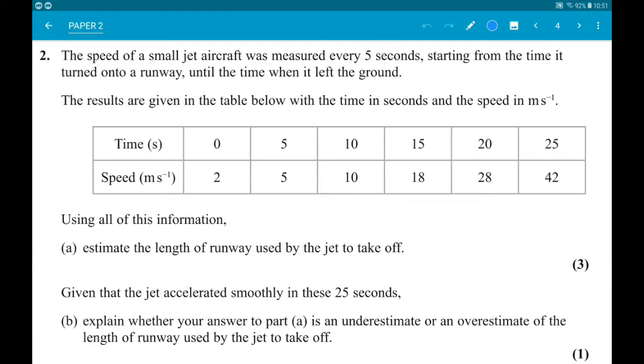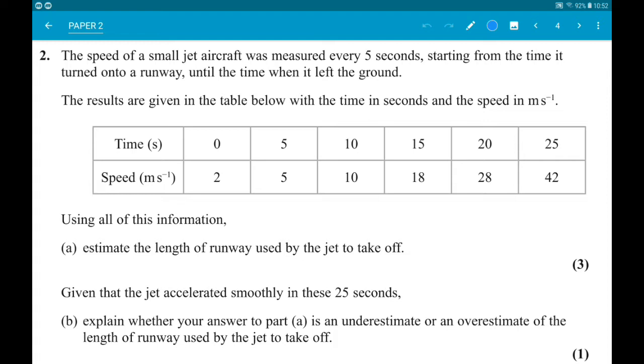Number 2. The speed of a small jet aircraft was measured every 5 seconds, starting from the time it turned onto a runway until the time it left the ground. The table has the results with time in seconds and speed in meters per second.